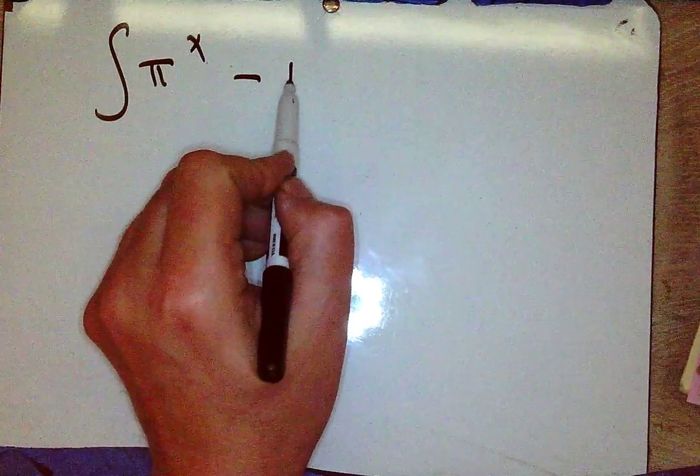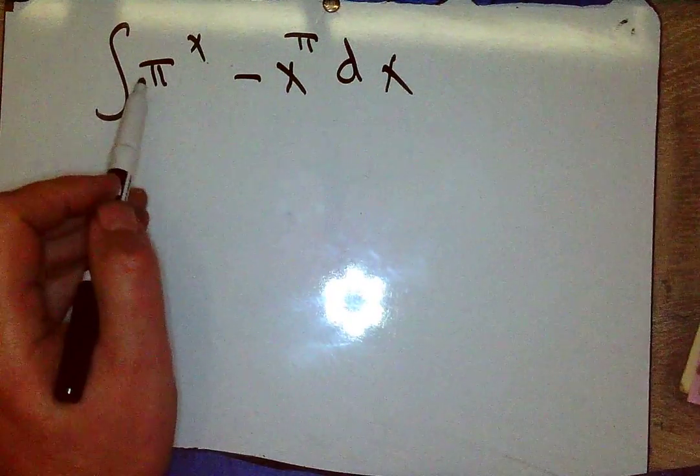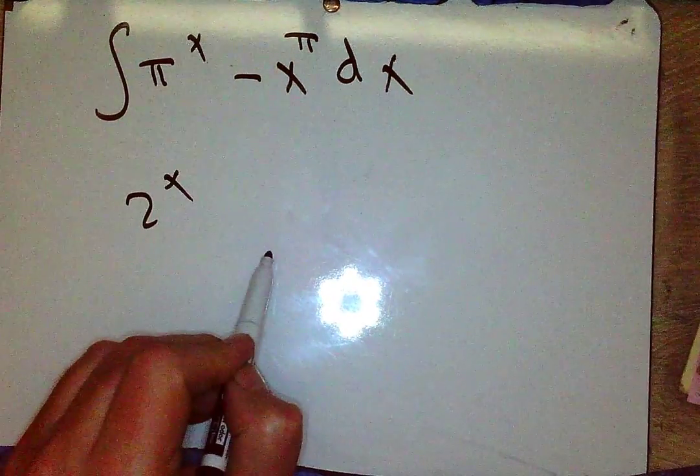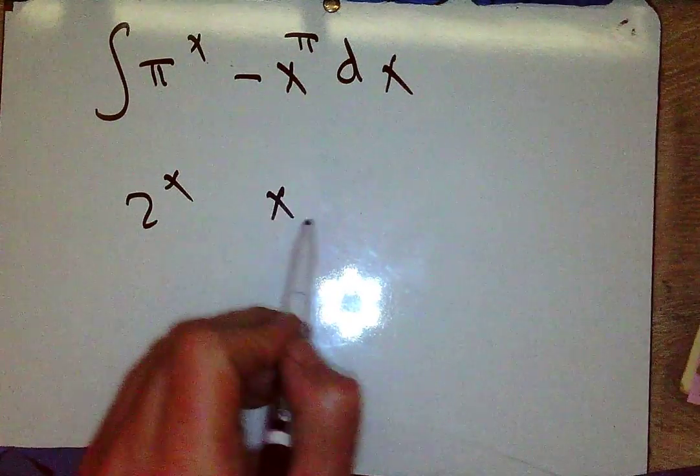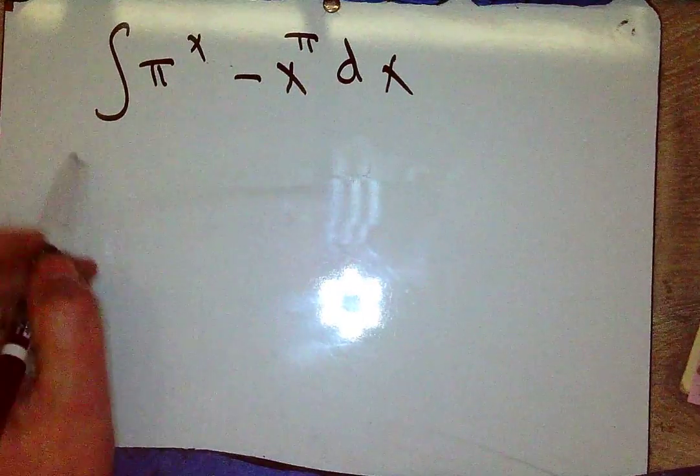Okay, this next one. So multiple choice on the AP exam. So that's an exponential function, that's like 2 to the x. This is a power function, like x to the third. So keep that in mind when you do this.